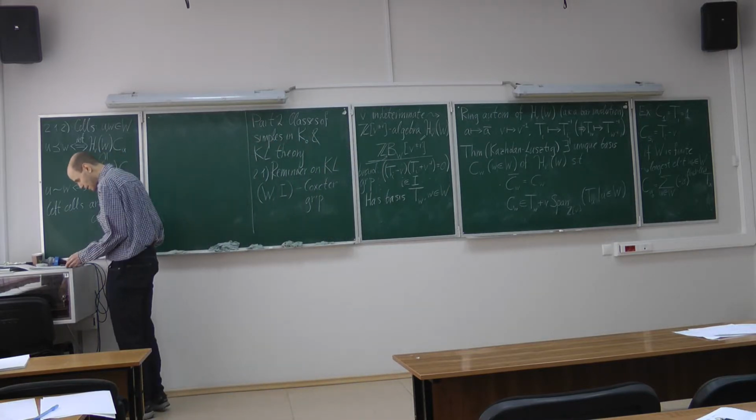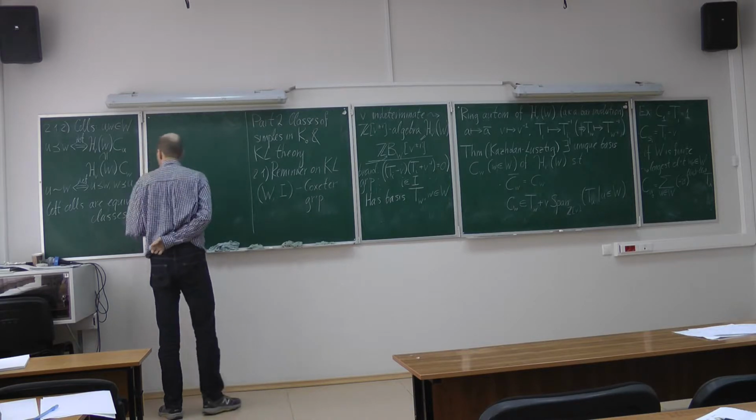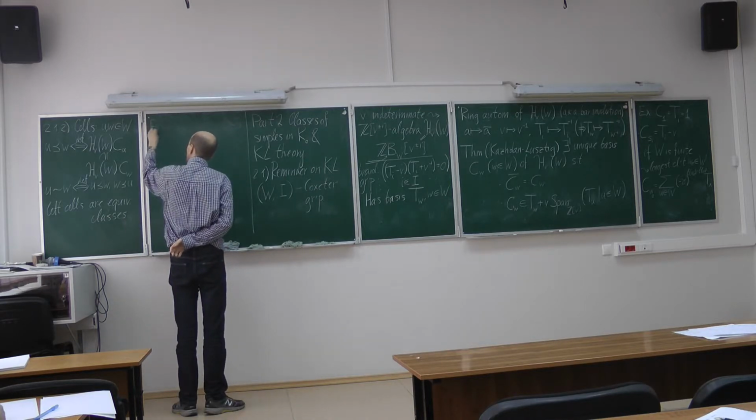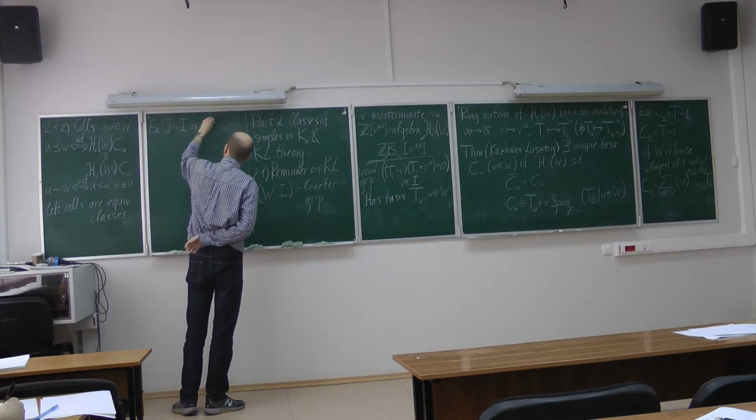Okay, so let me just give you an example. So let's say that J inside of I is of finite type.